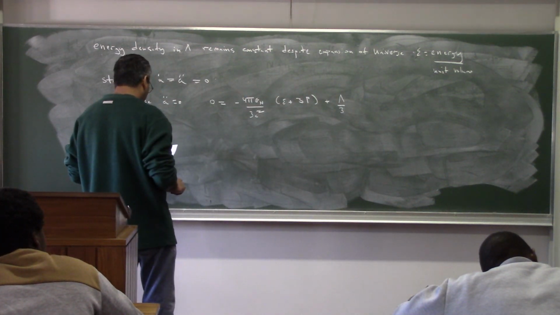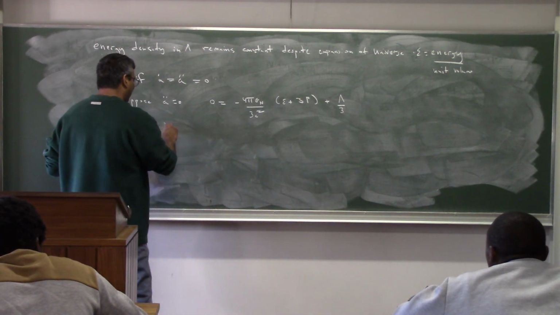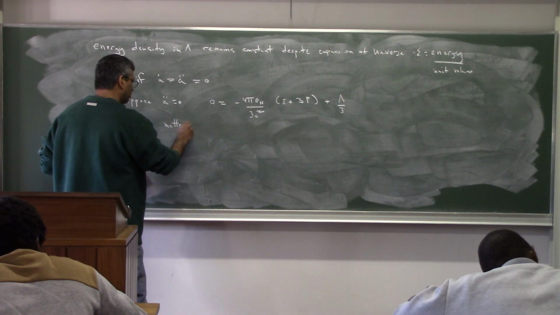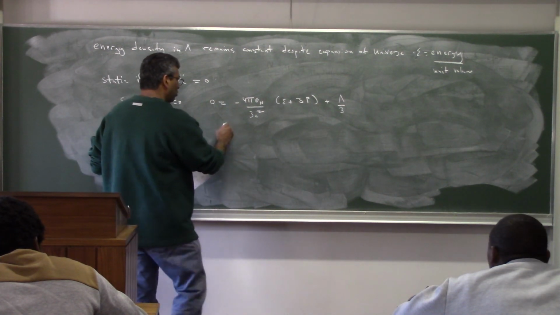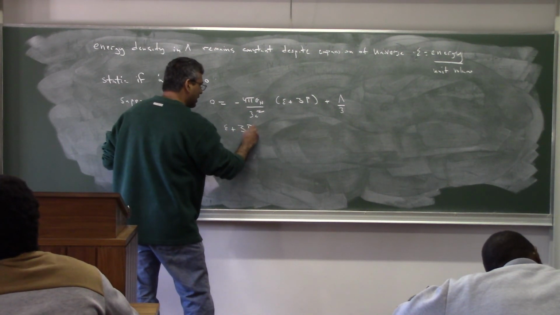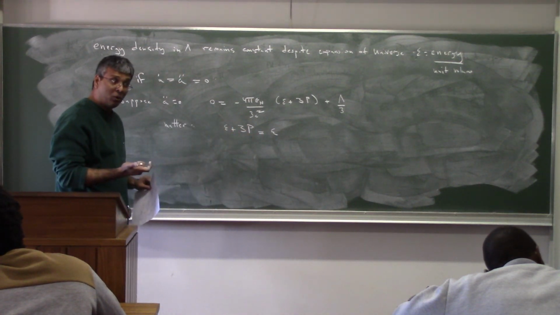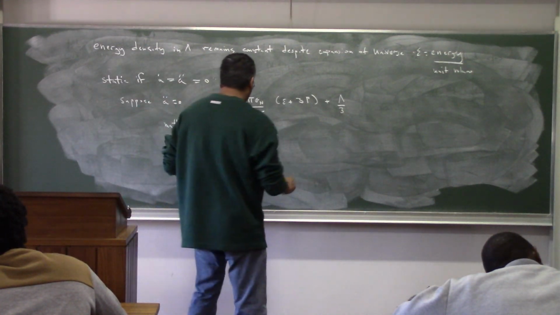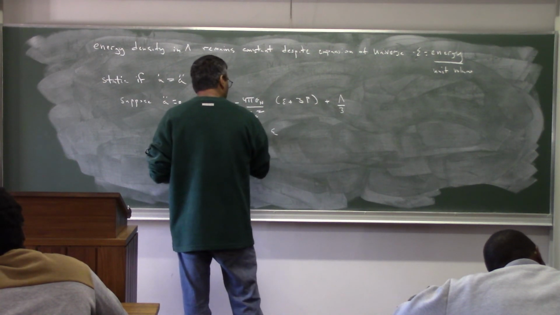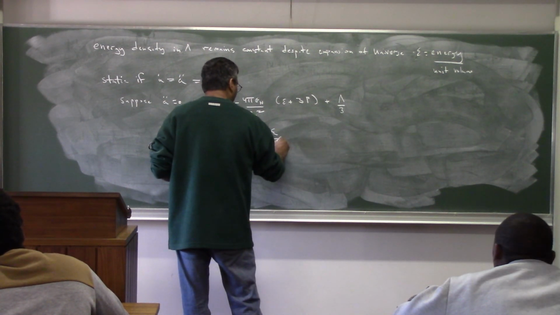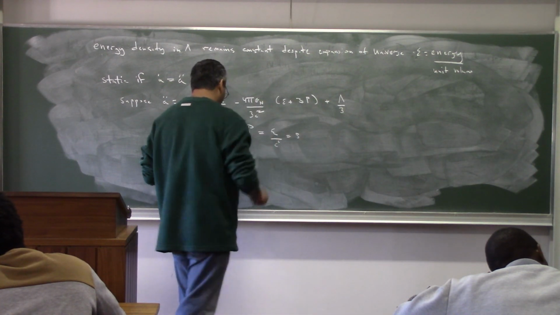So suppose we've got matter in the universe. So epsilon plus 3p equals epsilon, since the pressure for matter is 0. So we divide this by c squared to get epsilon over c squared, which is rho.